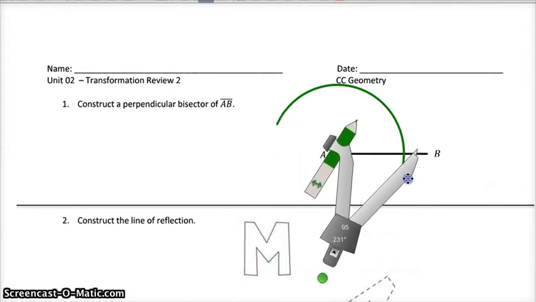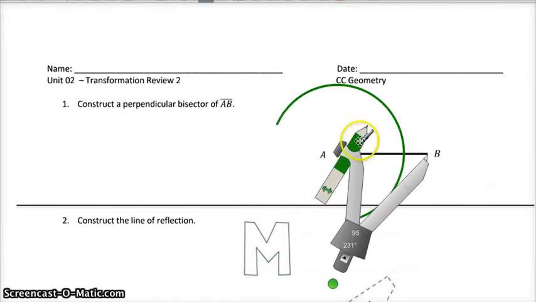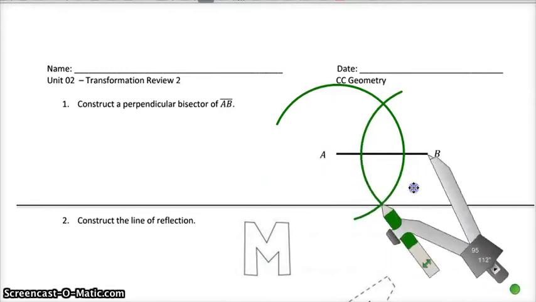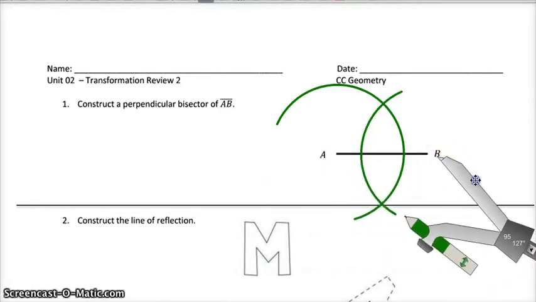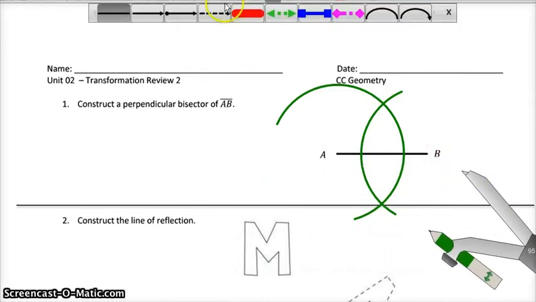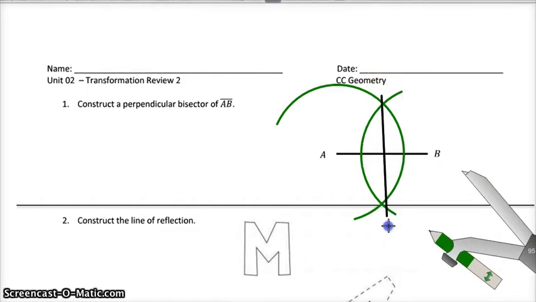Without changing the length of our compass, we go to the other endpoint and make the same arc above and below. Once you have that, take your straight edge, connect straight down, and mine's slightly off, so I'm going to straighten my line out a little bit.